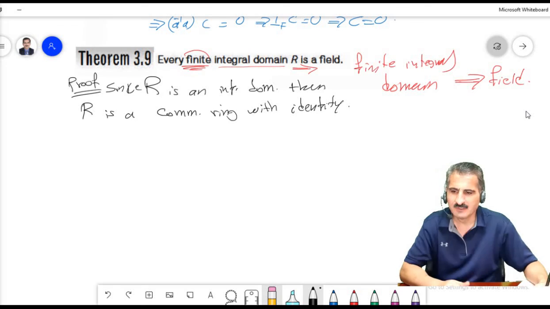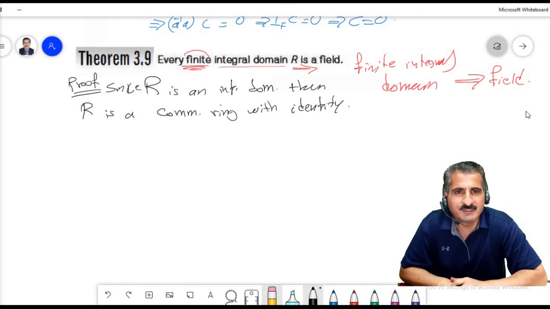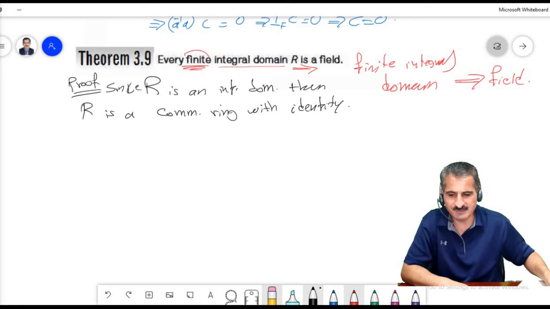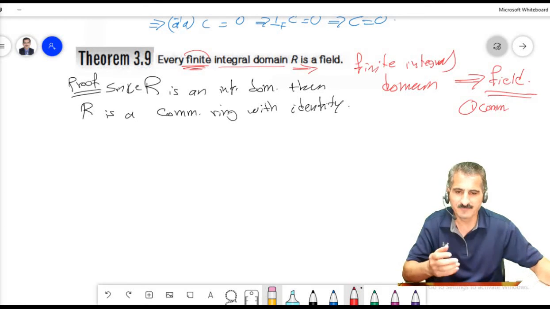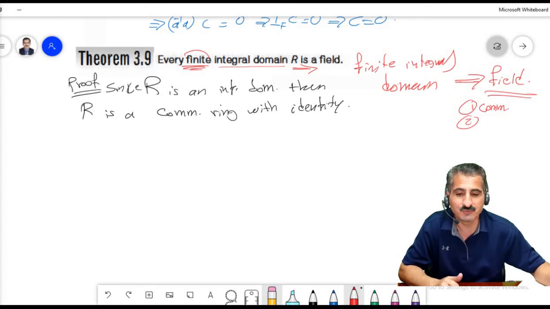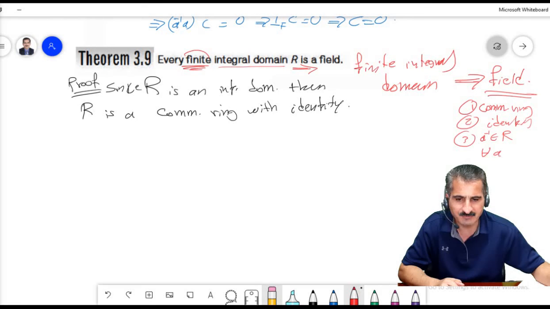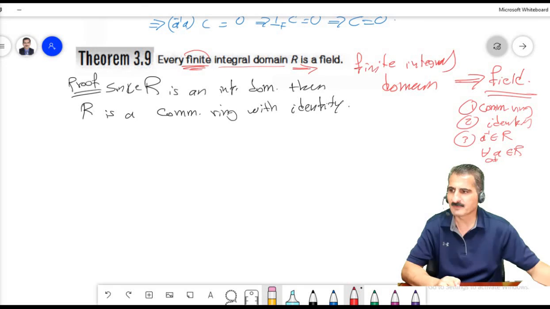Okay, so let's recall what a field is. To prove something is a field, we need to prove three things. We need to show it is a commutative ring with identity, and that A inverse belongs to R for every element A in R except the 0. We have this already, and we have this already.